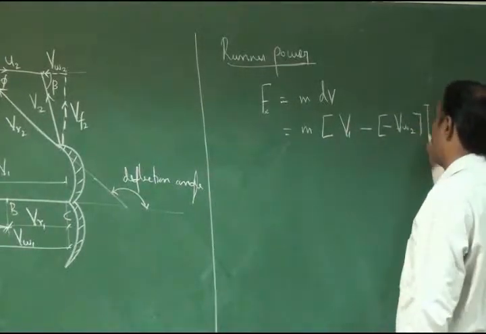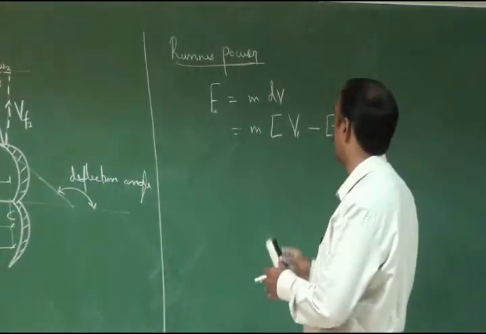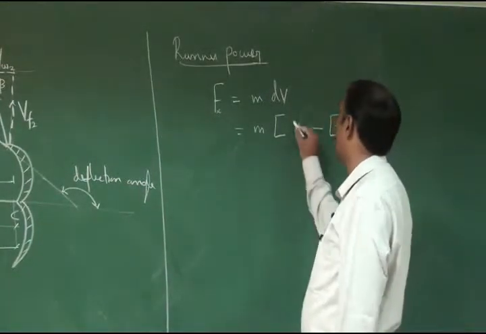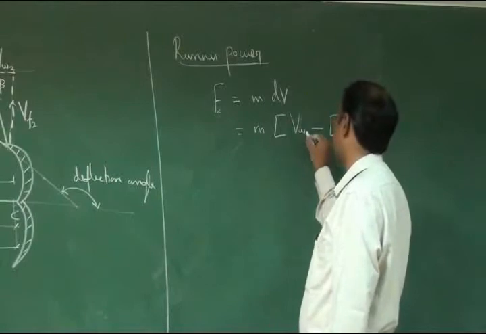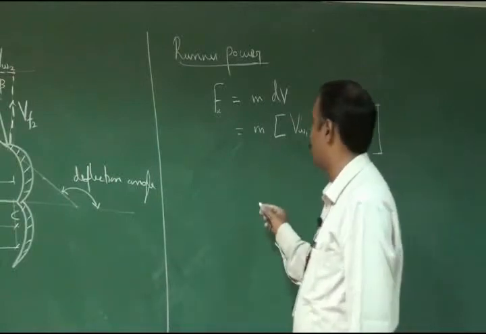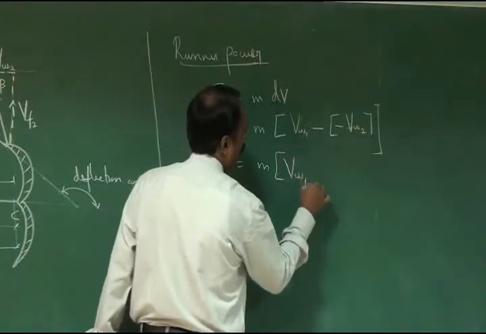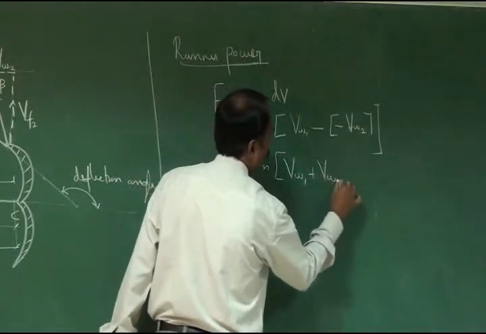Also, we can replace v1 with vw1 because v1 is equal to vw1. So we can simplify this equation: mass into (vw1 plus vw2).